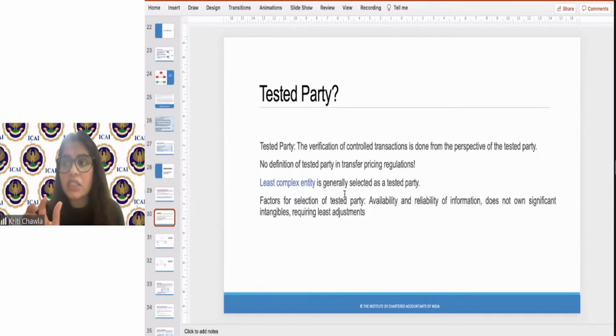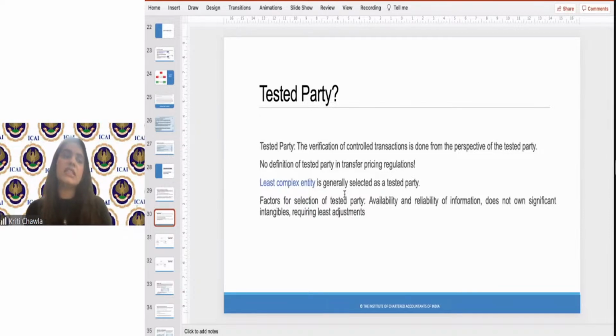Now, which entity is going to be the tested party? There are no definitions provided in the transfer pricing regulations on which is going to be a tested party. The law says that the least complex entity is going to be the tested party. But isn't it very subjective to say what is the least complex entity?